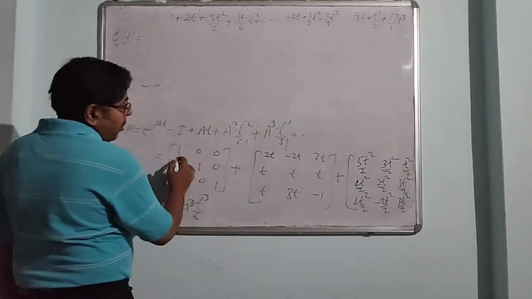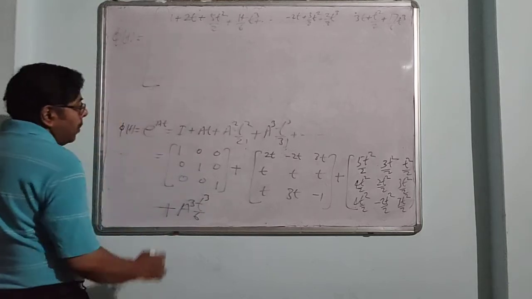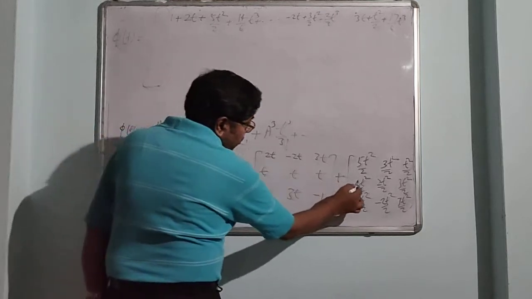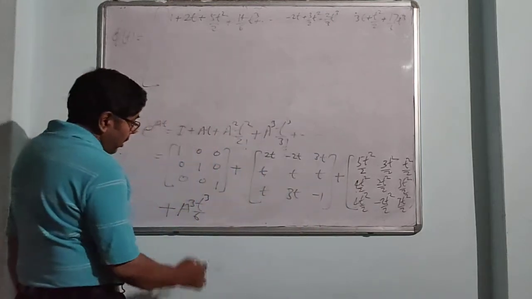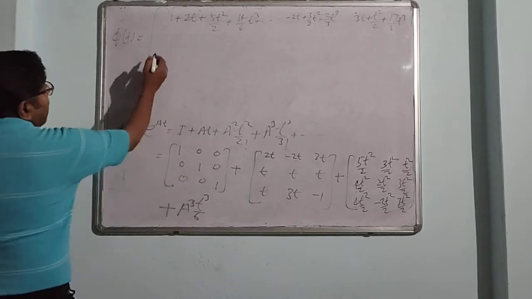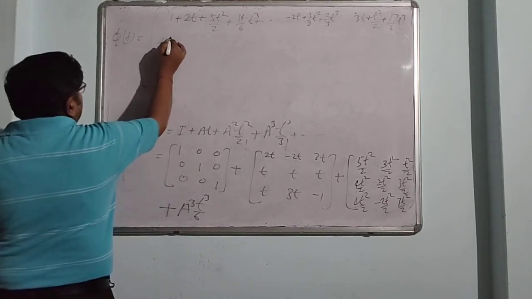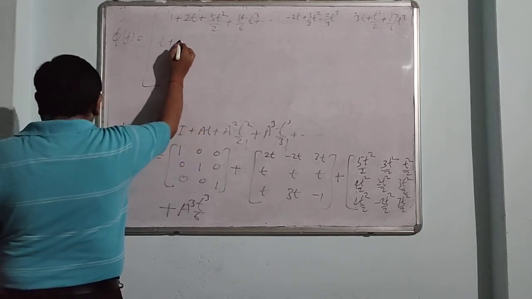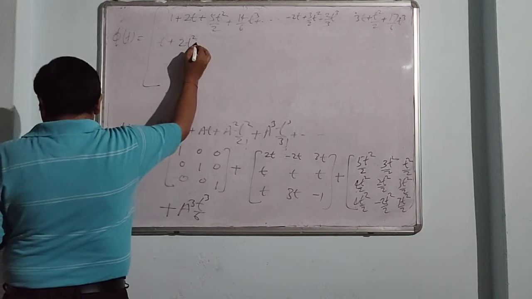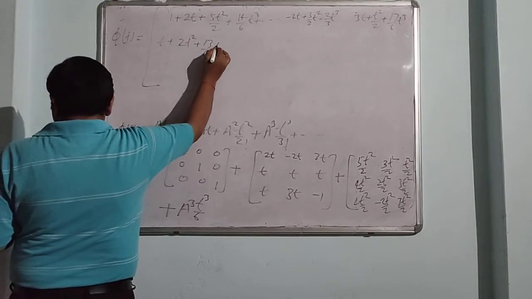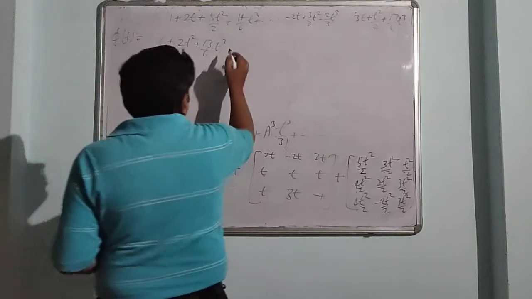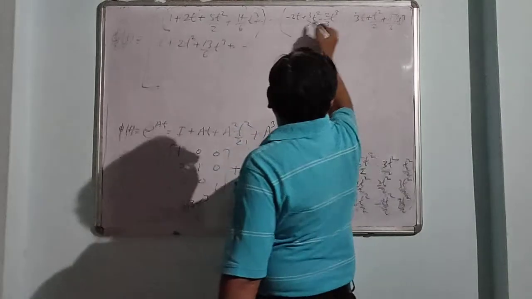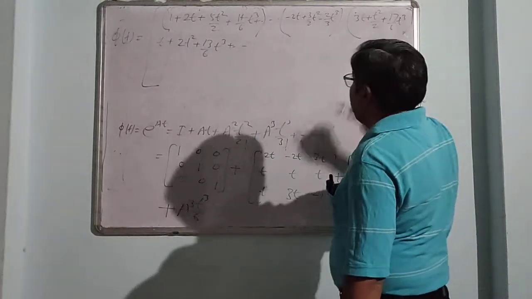Similarly, this is for the first row. For the second row, 0 plus t plus 4 by 2t square plus next. So here you can write t plus 2t square plus 13 by 6 t cube. So this is the first term, this is the second term, and this is the third term.